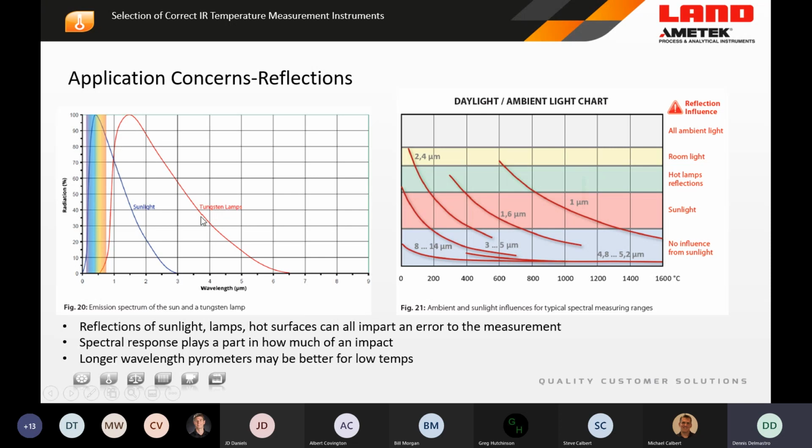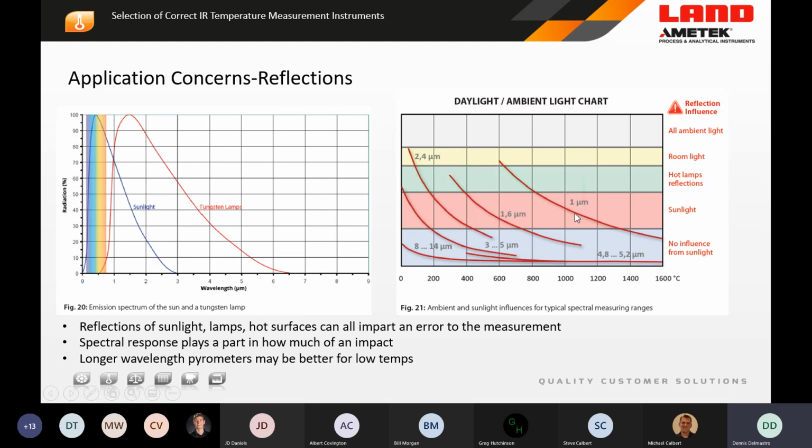And so can lamps. So we've got to be careful when we're measuring inside a factory that we don't have, let's say, glass windows nearby where the sun can actually reflect onto the object. Tungsten type of lamps, we've got to be careful and take into consideration reflections.